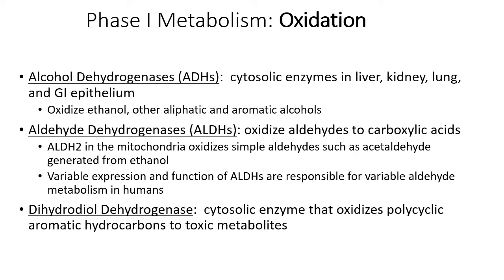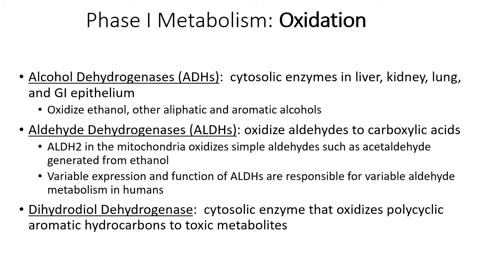Oxidation is the big one here. Like I said, we're going to start off with some that are not cytochrome P450, and then we'll get into cytochrome P450. The ones that are interesting to me are the alcohol dehydrogenases and aldehyde dehydrogenases because those actually metabolize ethanol, and almost all alcohols really, the simple alcohols, follow the same pathway.